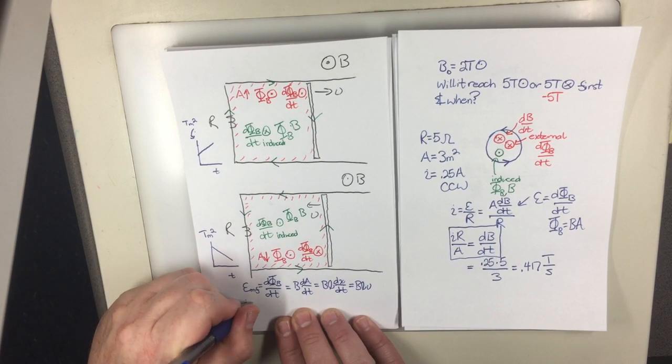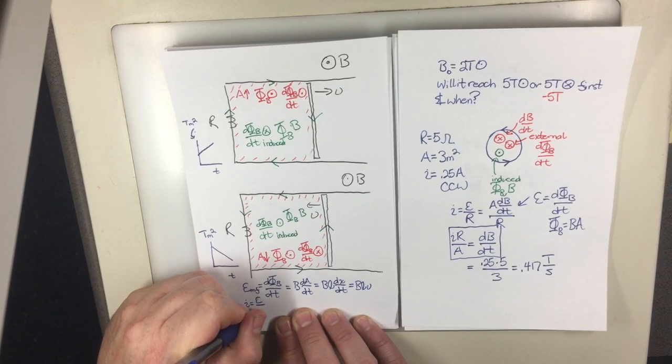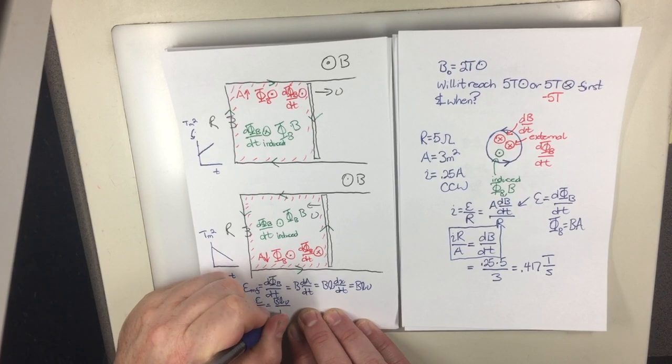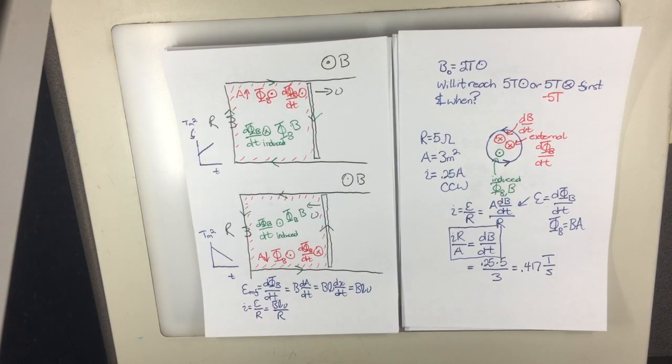So the current is B L v over R. And I'm only using the magnitudes. I don't care about the directions. So that's the current flowing through.